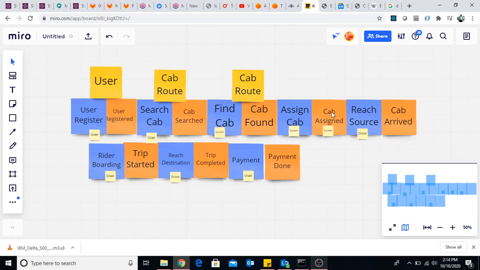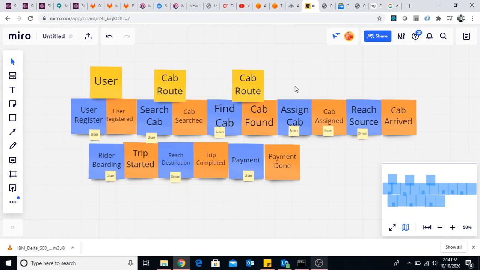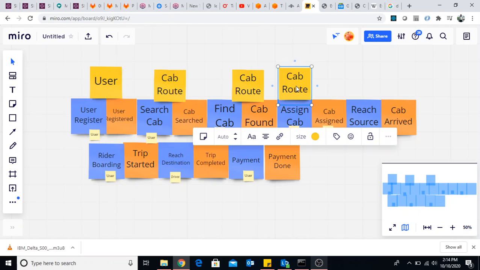Then cab assigned. Cab route and availability of driver, whether the driver is accepting that particular ride or not. Cab assigned. Only cab route, which particular cab is available on that particular route, that should be assigned, or the alignment of driver also should be taken into consideration.